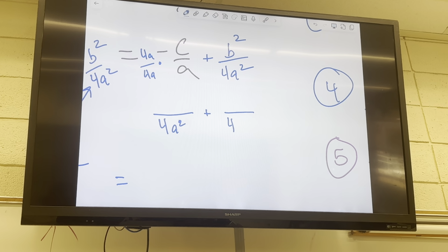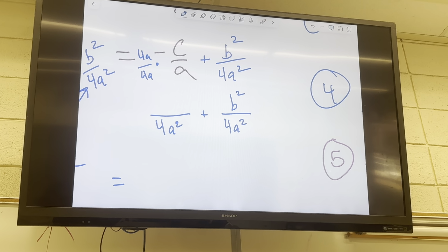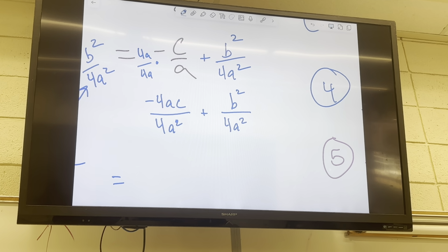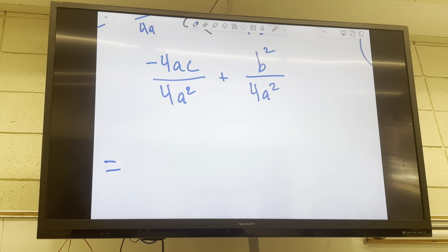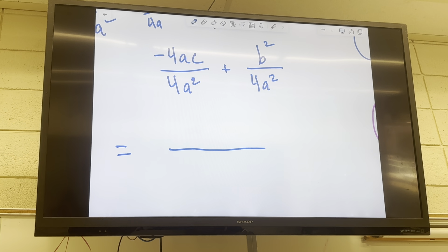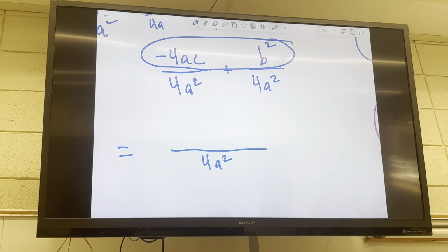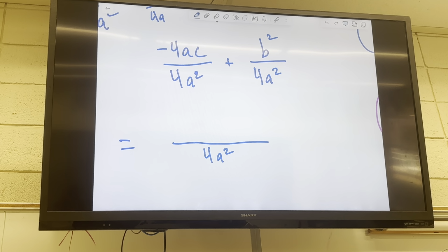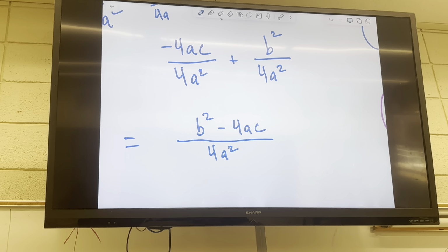And then 4a times negative c, we're going to call it negative 4ac. Now we've got common denominators, and when we add this together, it's all going to be over that same denominator of 4a squared. Those are not like terms, so we just get to put them in whatever order we want because of the commutative property of addition. So we're going to write it this way: b squared minus 4ac.